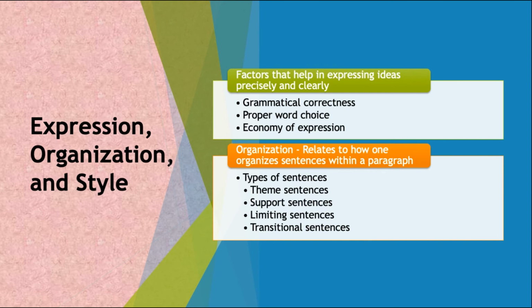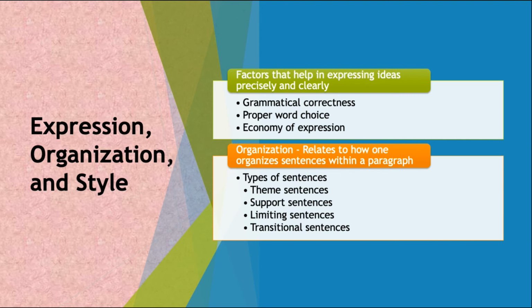Paragraphs can include four types of sentences based on Cruz 1980. These are theme sentences, support sentences, limiting sentences, and transitional sentences. The theme sentence, which is usually the first sentence in the paragraph, conveys to your reader the topic of the paragraph.